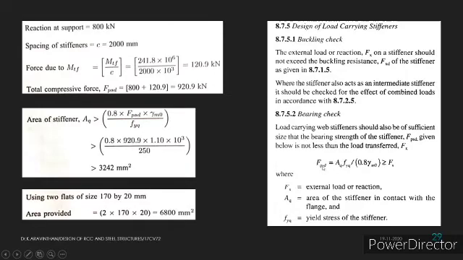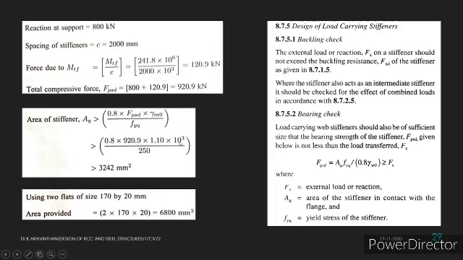We know the force which is acting, that is 920.9, and if you cross multiply the 0.8, gamma m and Fy will be cross multiplied in order to find Aq, what is the area which is required. So if you cross multiply this, gamma m will be 1.1, which is the material safety factor, and Fy will be 250 into 10 power 3.